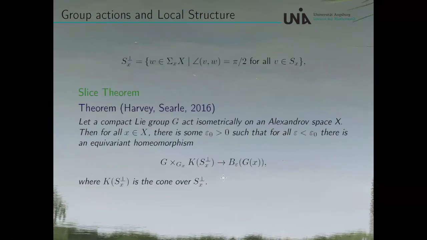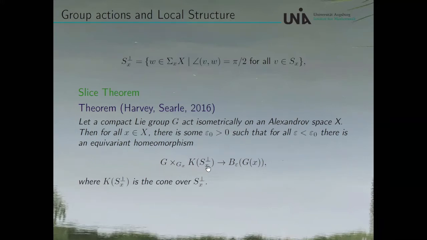As is customary in transformation group theory, a very useful tool is the slice theorem, which is proven for Alexandrov spaces by John Harvey and Catherine. And it is as follows. It says that around each orbit, the neighborhood around each orbit has this expression.